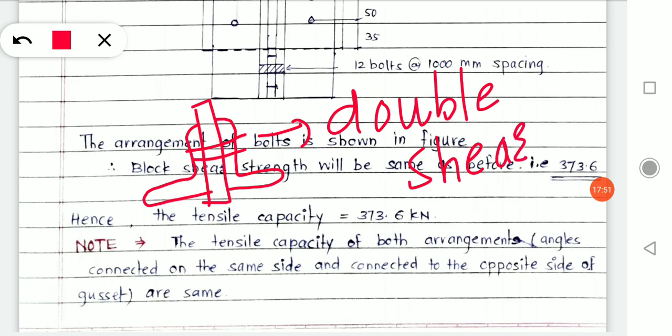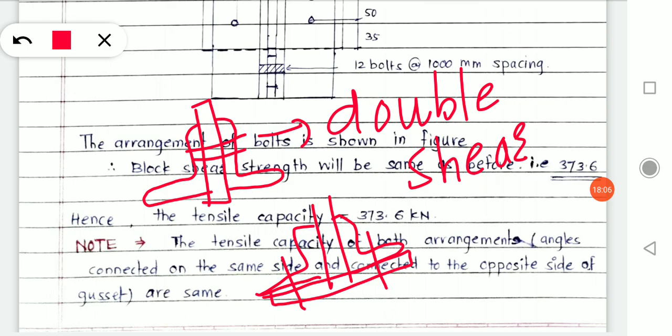But if you use the second arrangement like this, where the gusset plate is on the bottom side and bolts are on the bottom side, at that time the bolts were in single shear only. That's the major difference here. Even if the bolts are in double shear, the number of bolts required are less, and you are using the optimum capacity of those bolts.